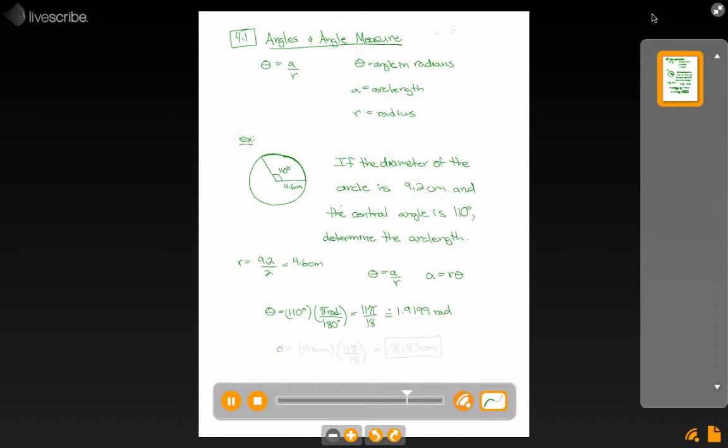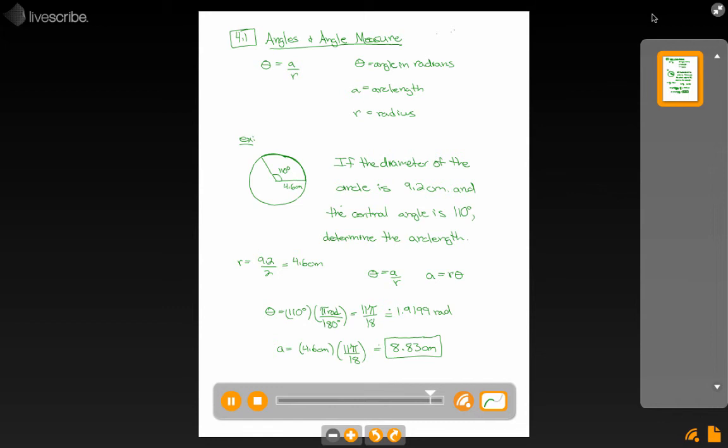Now when we multiply this out, the arc length is equal to the radius, which is 4.6 centimeters, times this angle, 11 pi over 18 radians, and we'll come up with an answer of approximately 8.83 centimeters.